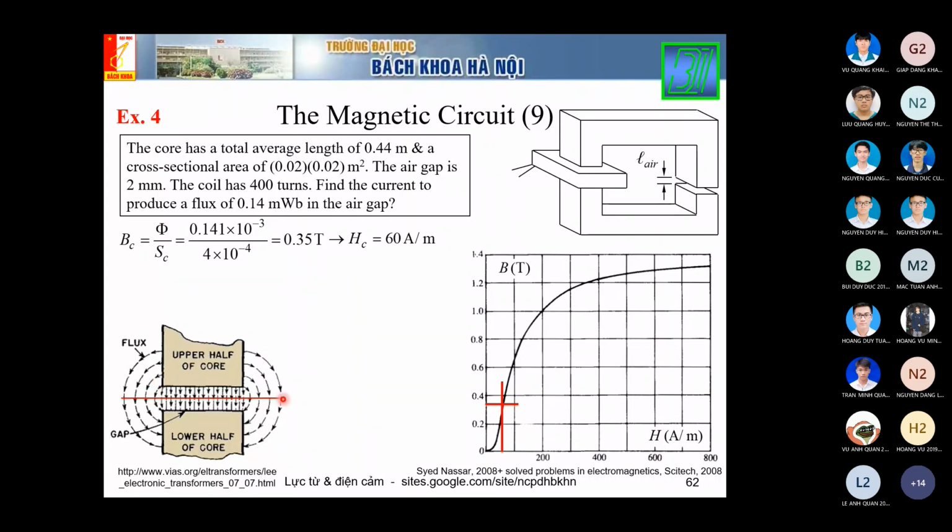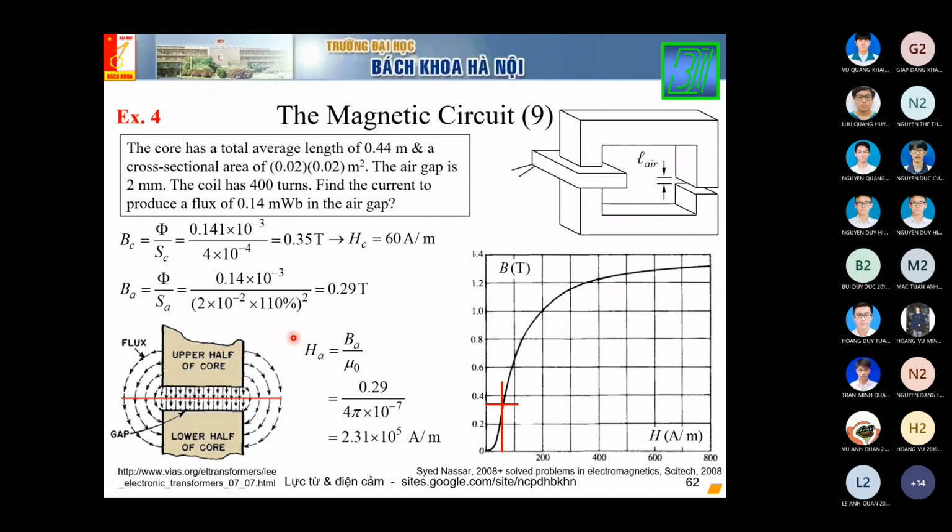So the cross-sectional area of the air gap is a little greater than that of the core. So from now on, to find the area of the air gap, you have to increase two edges of the core here by 10%, like this. And from this, we can find H.